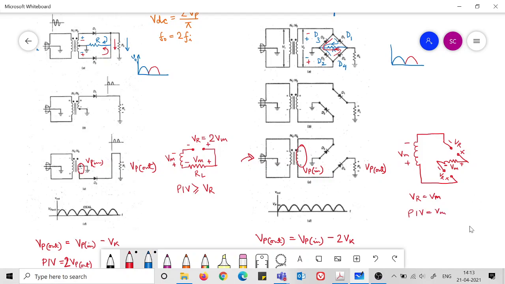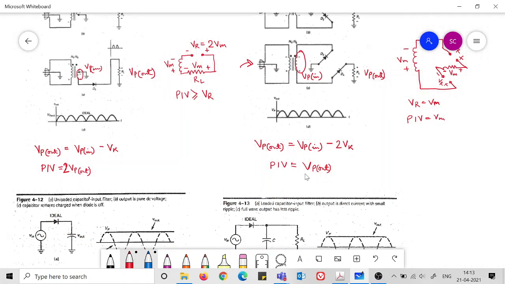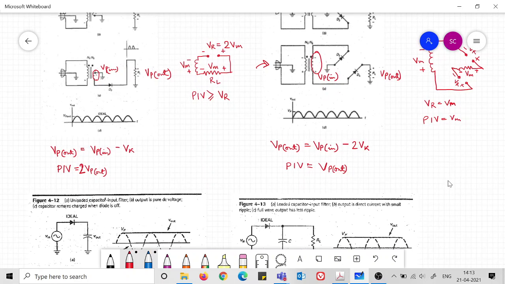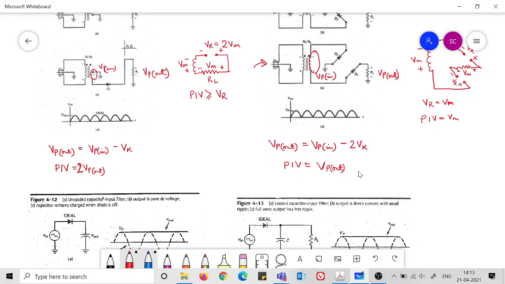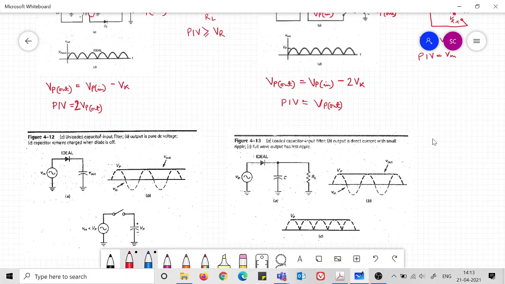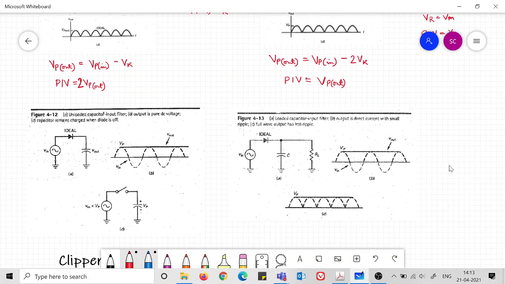So the PIV is the peak voltage. It is simply VP out or Vm, as you can see that. So I hope you understand this. So there was a mistake yesterday about the PIV of these two configurations, so that is clarified now. So I move ahead.